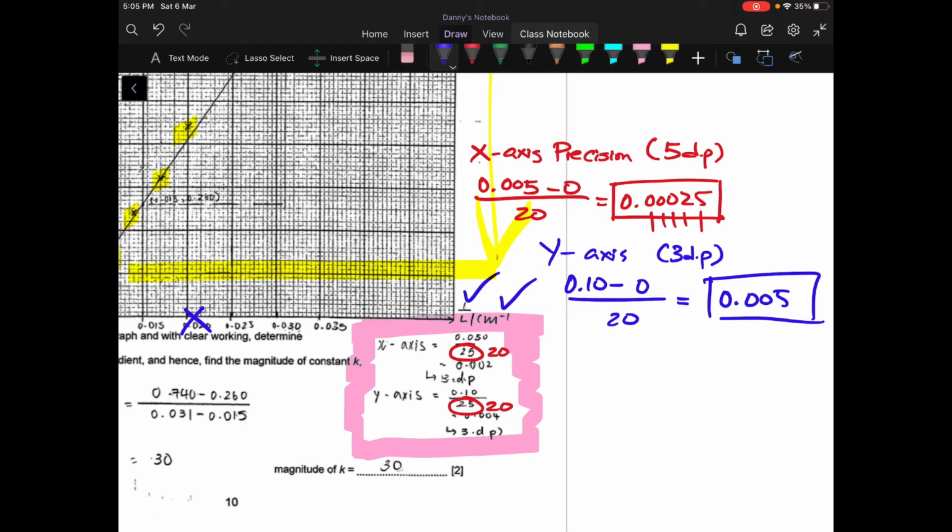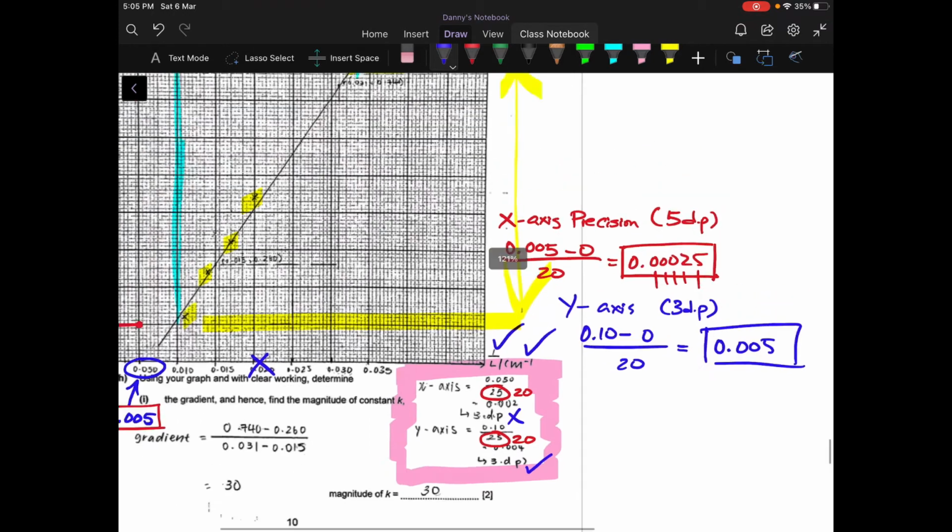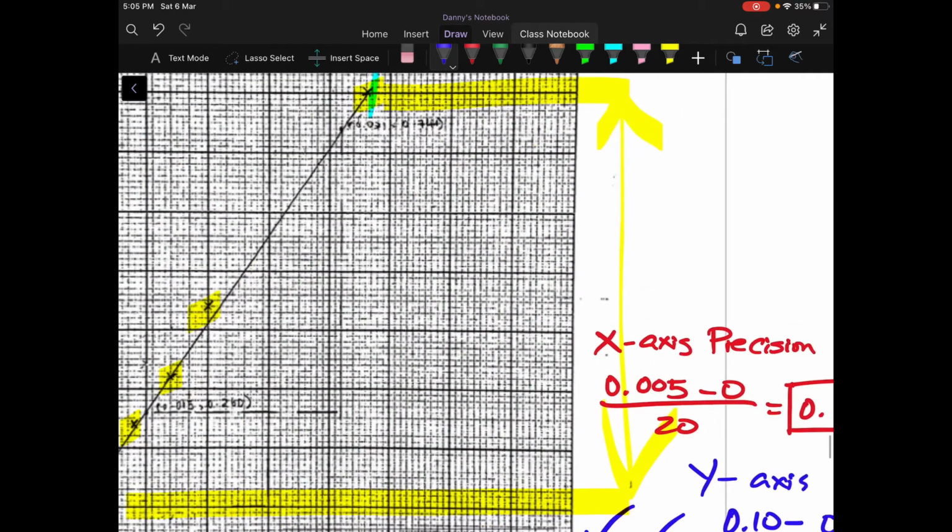Down here, by luck, the y-axis precision is correct, but unfortunately the x-axis here will be wrong. So if I look at her coordinates, if I blow it up, that's why it is important for you to write this big. So this is what she wrote, and this is what she wrote.